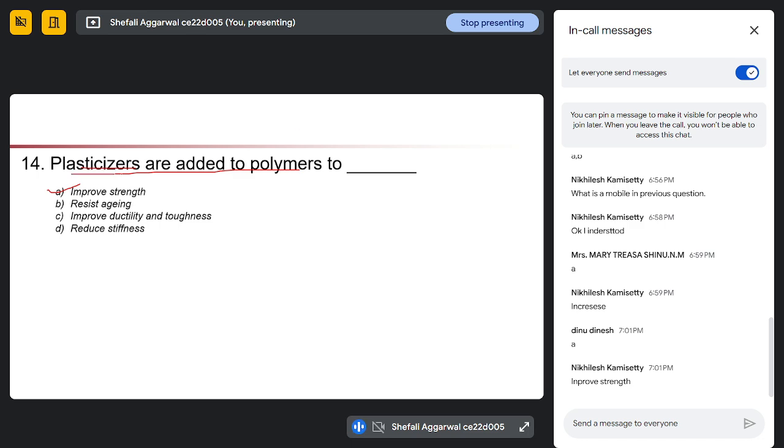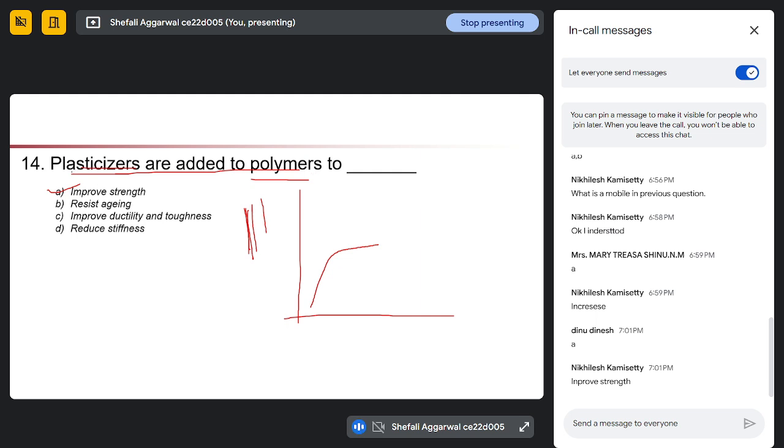Normally, when you add any plasticizer to a polymer, it won't affect the strength of your polymer. Because the strength value of your polymers is highly affected by the fiber length or orientation of your fibers or the type of bonding you have.